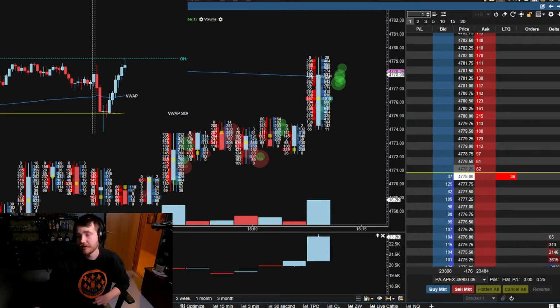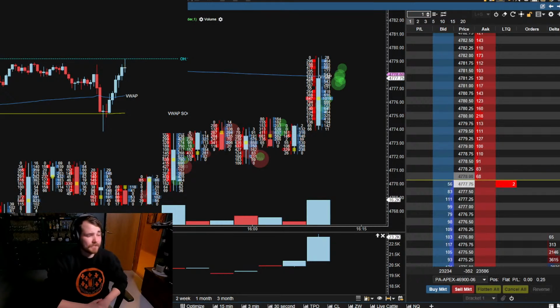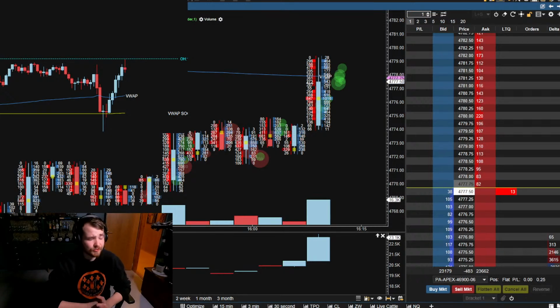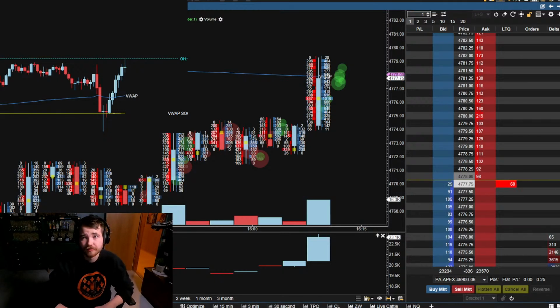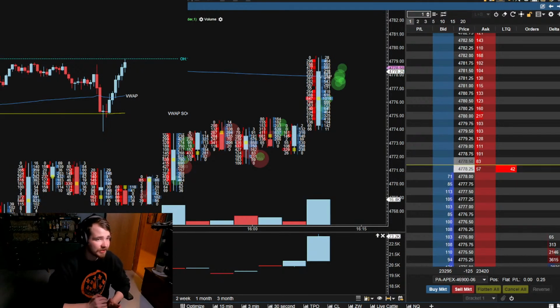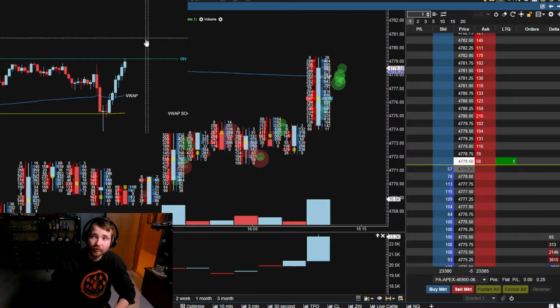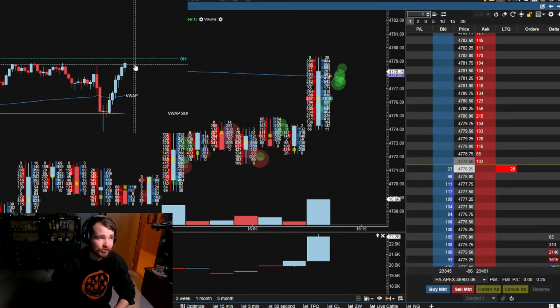I don't really like long-term biases too much when I'm scalping, but I do want to have a general sense of where the move is going, because then it's much easier to, for example, only trade longs. If I know the rotation is only going upwards, I'm only looking for long scalps.